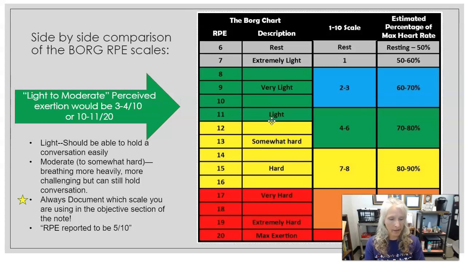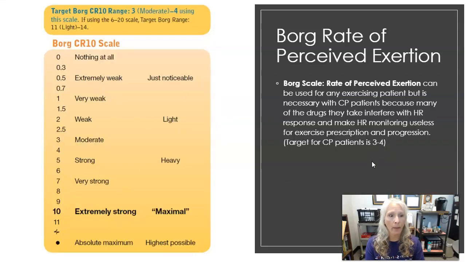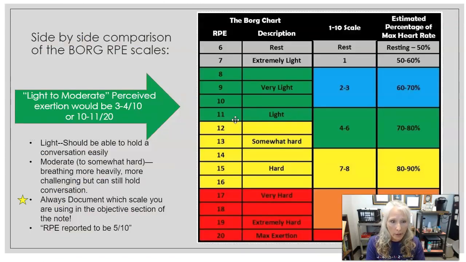Or what we said on the last table, if we want them at the 3 to 4, which on the 10-point scale is moderate, then we're going to want to look at right around here in this center green line.